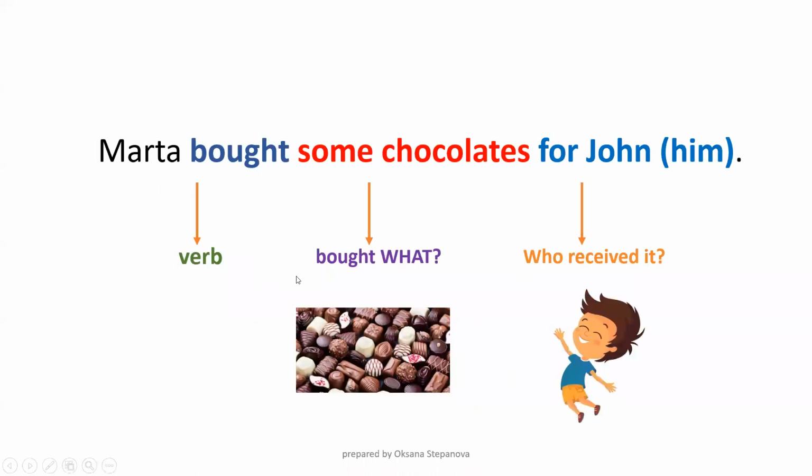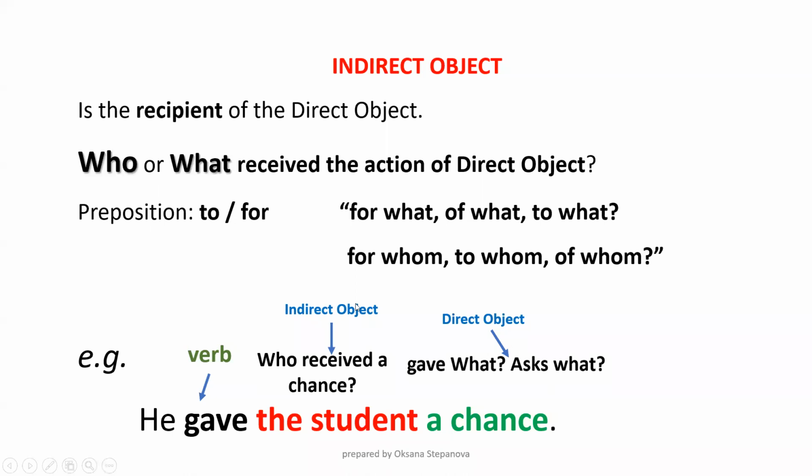Okay, let's go back a bit. I forgot to tell you about the cases. Normally the indirect object is the dative case, okay?